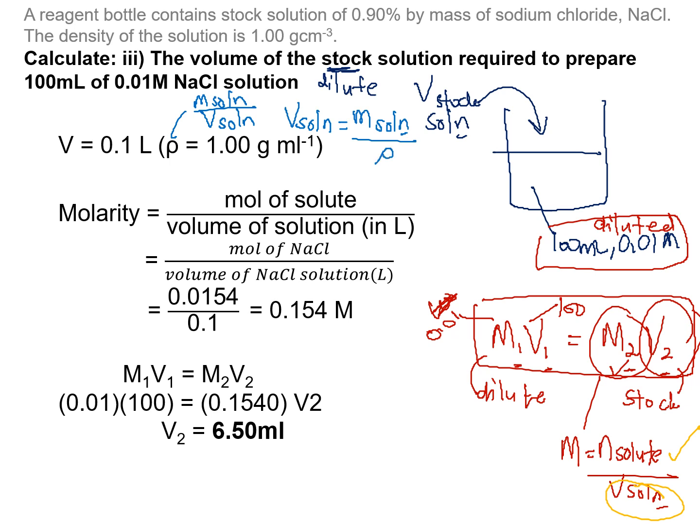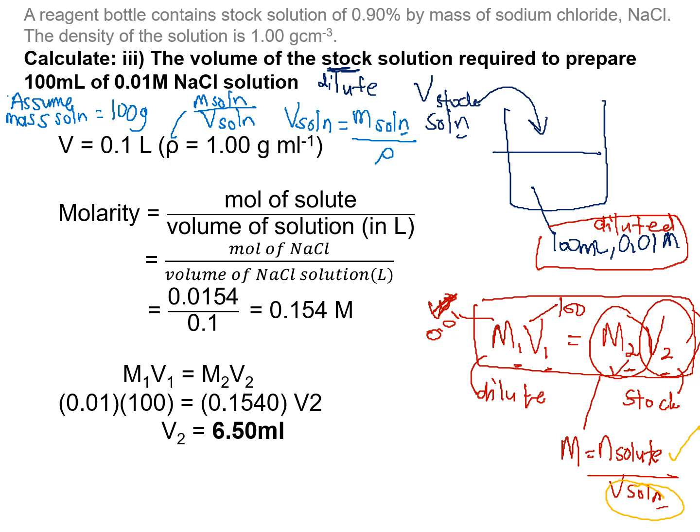Density is 1. Alright, so what is the mass of solution? We already assumed it earlier, at the very beginning. We said assume that the mass of solution is equal to 100 gram.